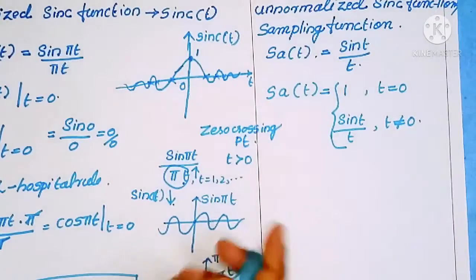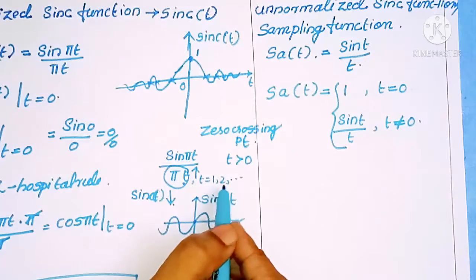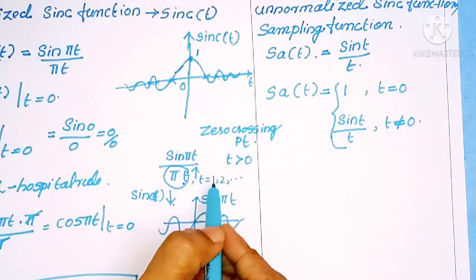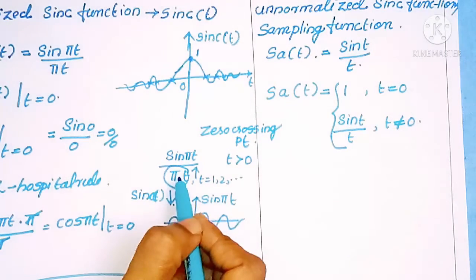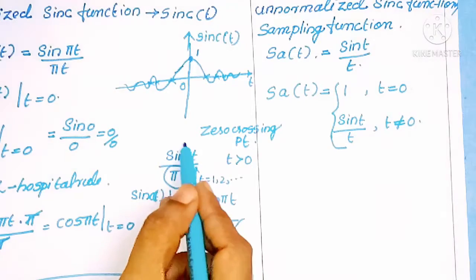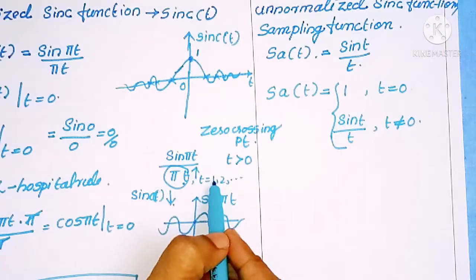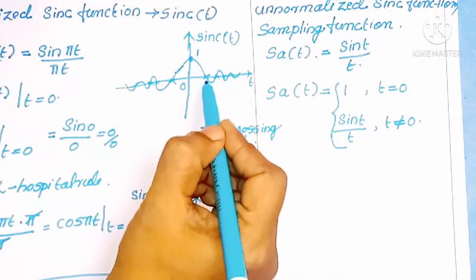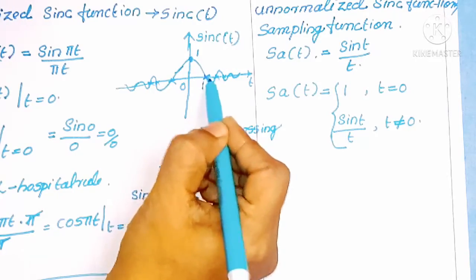Here we can consider t equal to 1, 2, 3, etc. That is, we can consider some integer values. Then we apply them to the sinc function. First consider t equal to 1. You will get sin pi. What is the value of sin pi? Sin pi is equal to 0. When t is equal to 1, the sinc function is equal to 0. So we can indicate this point.